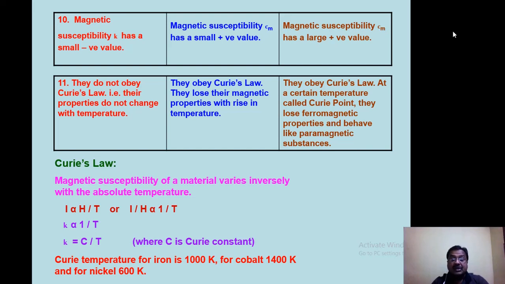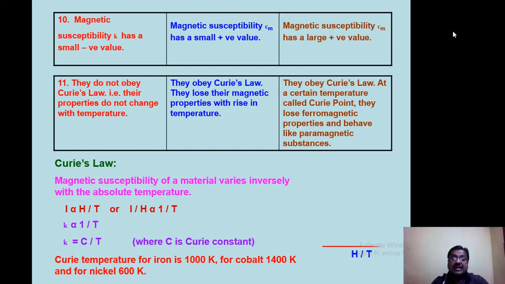Curie temperature for iron is 1000 Kelvin, for cobalt it is 1400 Kelvin, and for nickel it is 600 Kelvin. Always remember, above that temperature the substance becomes paramagnetic, and if you cool it below that temperature, the substance becomes ferromagnetic.